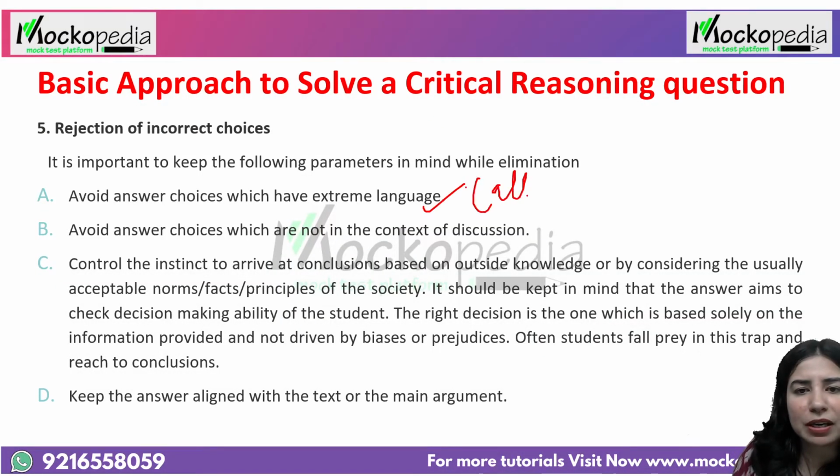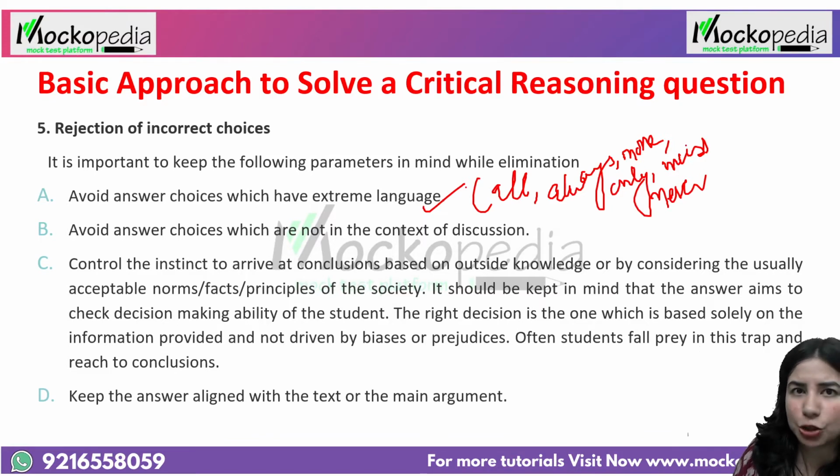So maybe you can make a list of such words: all, always, none, only, must, never. You should always be suspicious of such answer choices. Please make it a point that you are taking due note of extreme answers and you're eliminating them.